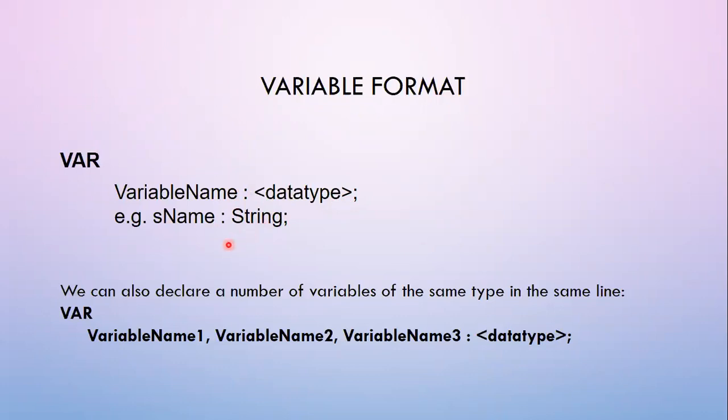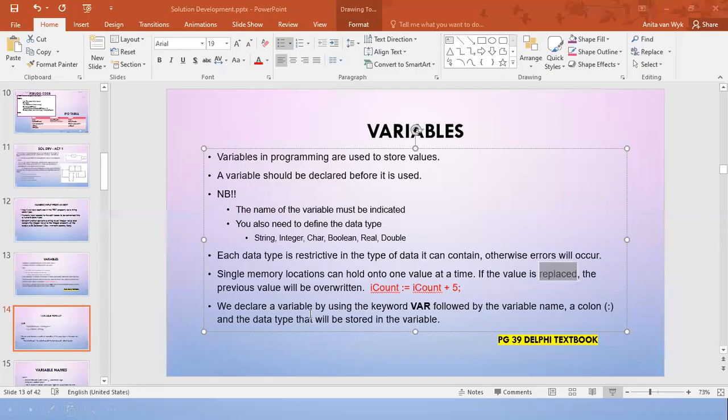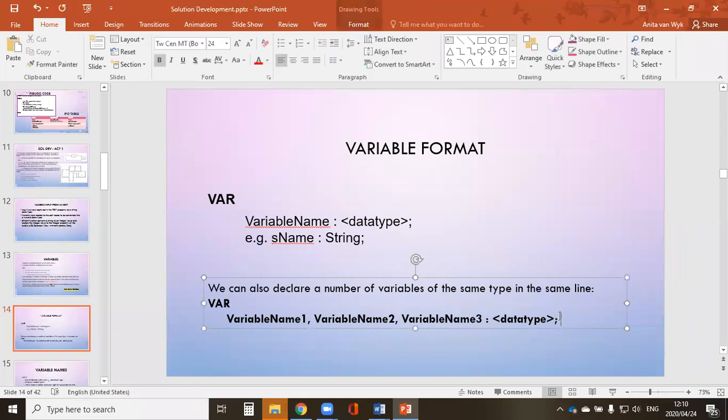We can also declare a number of variables that have the same data type. So if I have sName, sSurname, so for example here, let's say sName, sSurname.